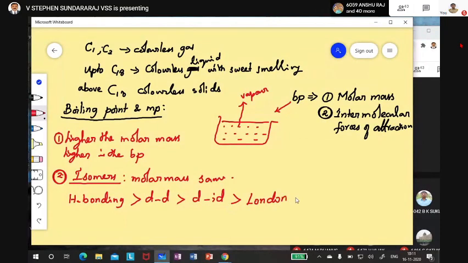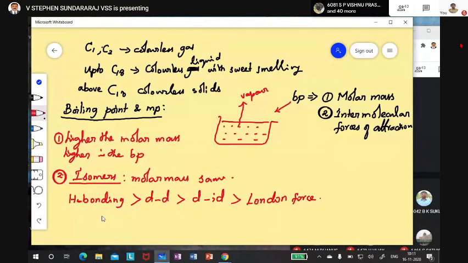Even for anybody preparing for a competitive exam, I have already covered this in the video: there are different types of hydrogen bonding, ion dipole and dipole hydrogen bonding, which differ in their strength. At least this sequence should be known to you.